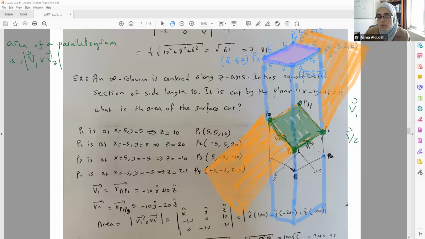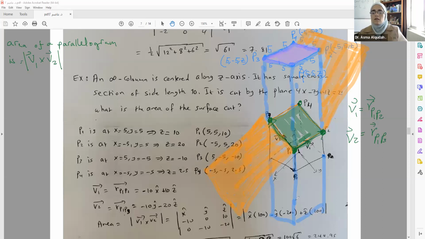Okay, so we have 4 points. We want to find the components of these 4 points, and then we can form distance vectors between each 2 points, and after finding these distance vectors, we can find the cross product. So we can say v1 is equal to the distance vector between point p1 and p2, and v2 is the distance vector between p1 and p3.